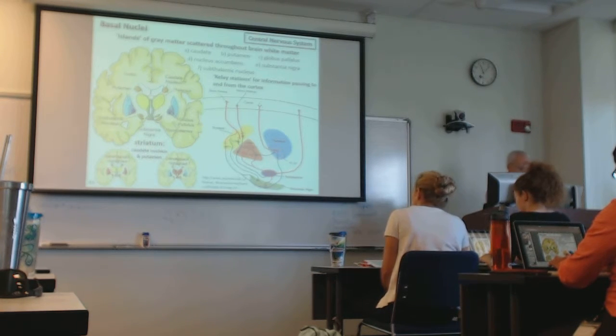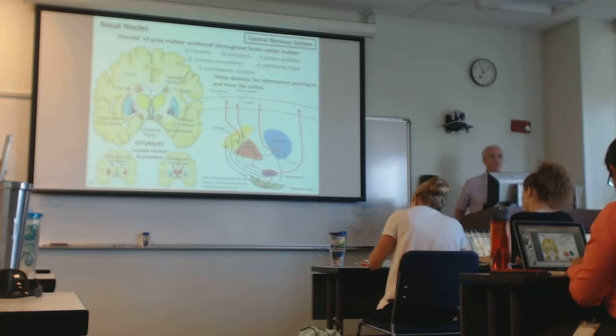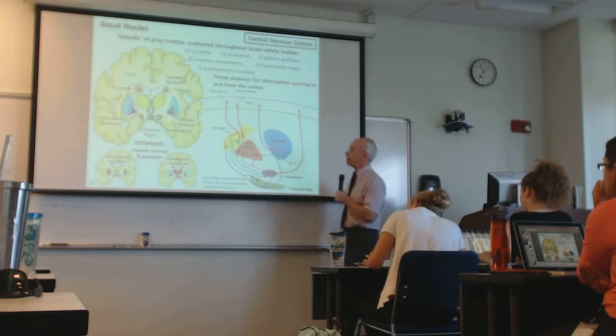All right, but here's the deal. The basal nuclei reside, much like the deep cerebellar nuclei in the cerebellum. The basal ganglia, or the basal nuclei, are little islands of gray matter positioned within all of the interior white matter of the brain.